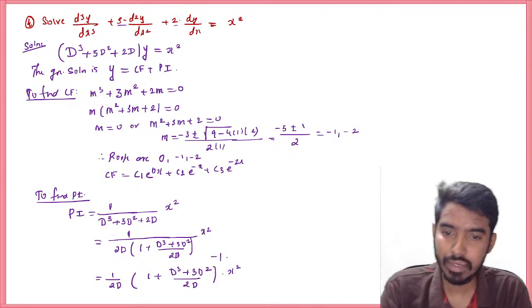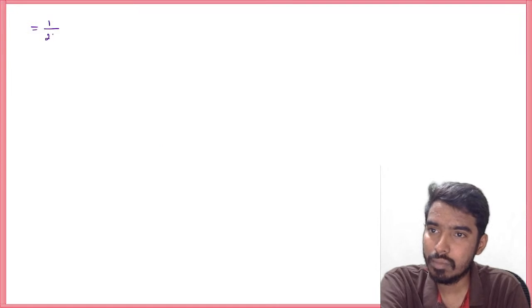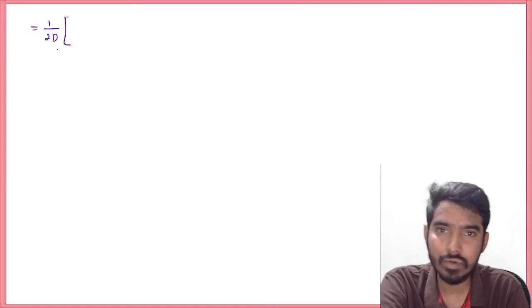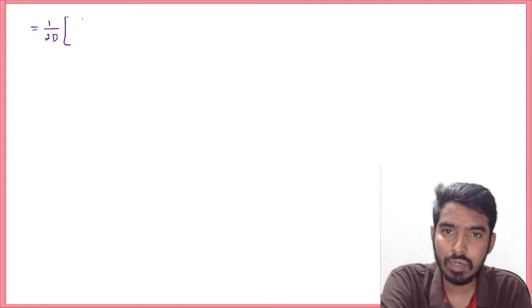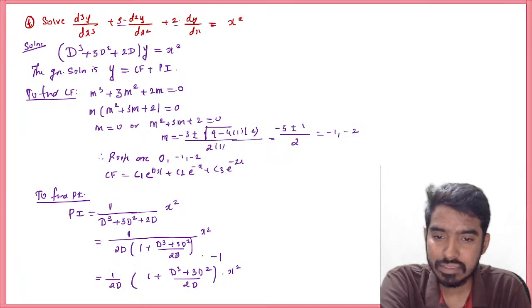This is the same as 1 by 2d. Now we will use the formula for 1 plus x whole power minus 1. Remember, we have 1 by 2d outside, which means whatever the term here, we have to integrate it, because we have 1 by d, right?